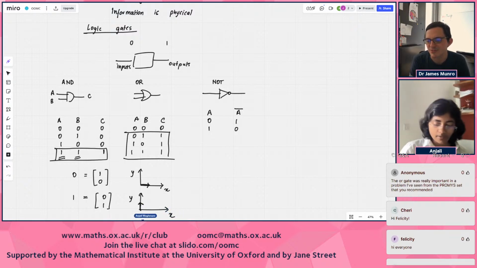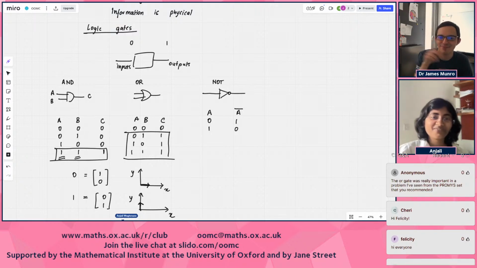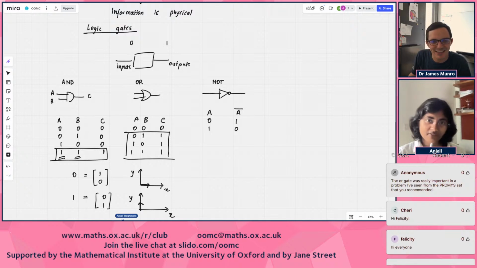Okay, pause for a second, because there'll be someone at home who's worried about the fact that there's numbers on the left and vectors on the right, and also maybe equals here. We're thinking of these vectors as representing the binary ideas of 0 and 1, without trying to state that vectors and numbers are secretly the same thing, because they're 2D on one side and 1D on the other.